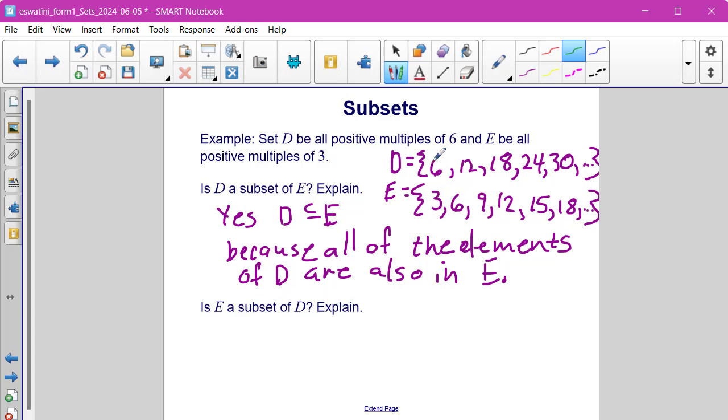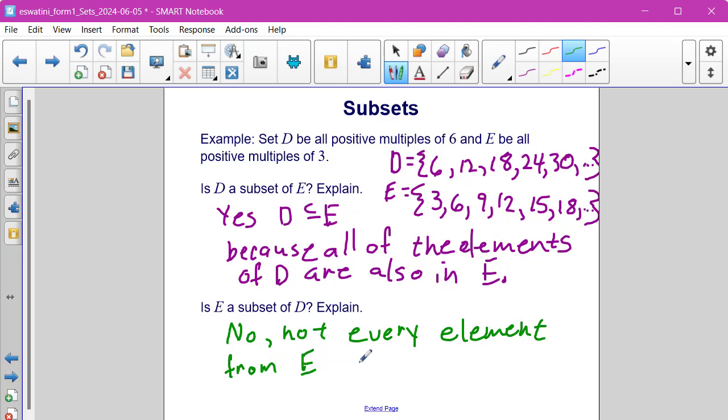Well, 3 is not in set D. 6 is. 9 is not also in set D. 12 is in set D. So you can see set E, there are more elements in E than there are in set D. So therefore the answer to this question is no. Not every element from E appears in set D.